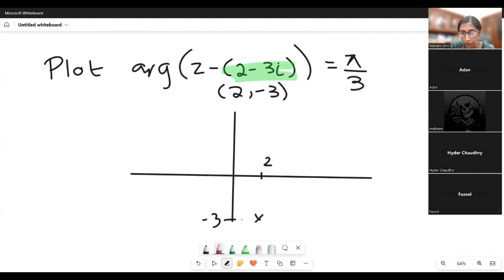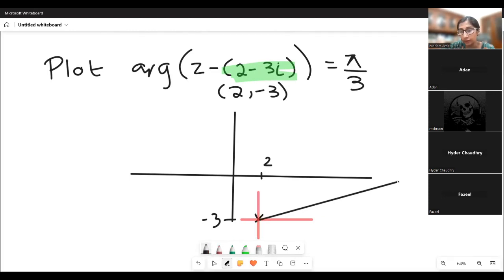So you may make a small x-axis and y-axis here. And now here you plot pi by 3. So it's going to be something like this. You have to mention pi by 3 here. You may make a small dotted grid at 2 comma minus 3.